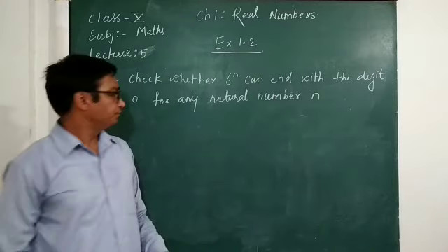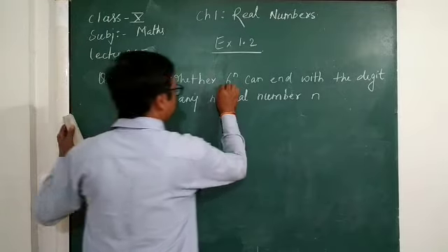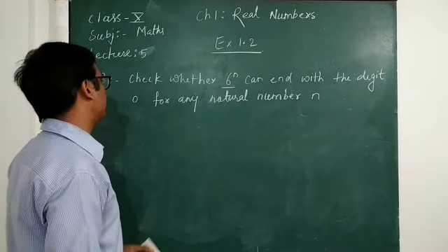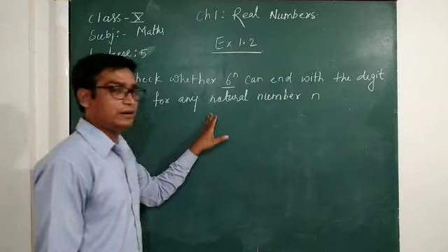Now this question is whether 6^n can end with the digit 0 for any natural number.